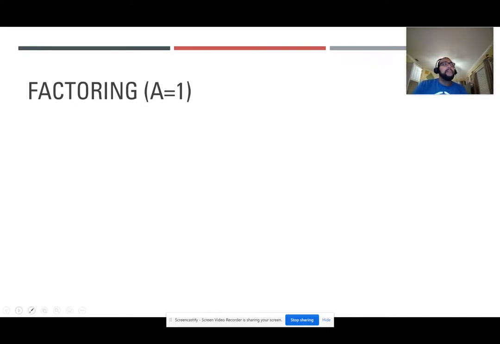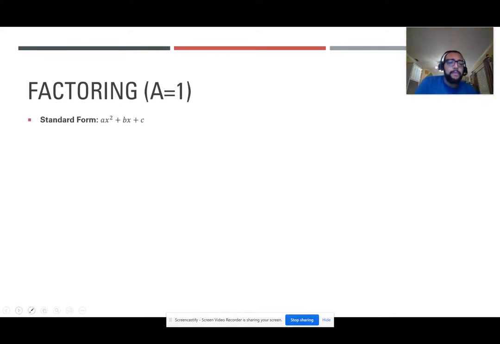So factoring, I will show you a lot of different stuff today, but this is just the most basic form of factoring. Now, we won't really discuss greatest common factor or difference of two squares in this class. But for right now, we'll look at the case where my a value is equal to 1. So what does that mean?